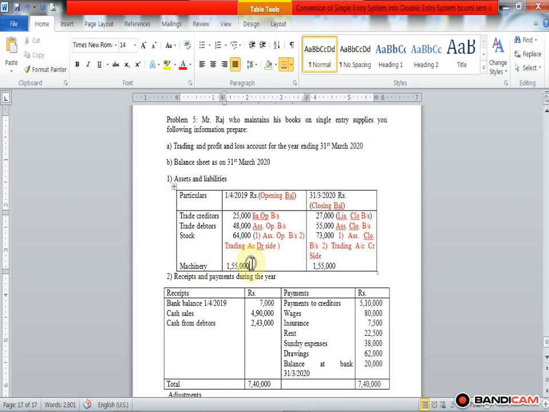The opening balance of machinery is transferred to the asset side of the opening balance sheet, and the closing balance of machinery is transferred to the asset side of the closing balance sheet. So we transfer these items to the respective accounts in our solution.